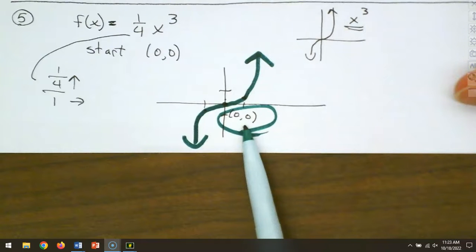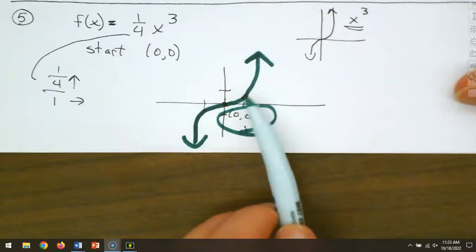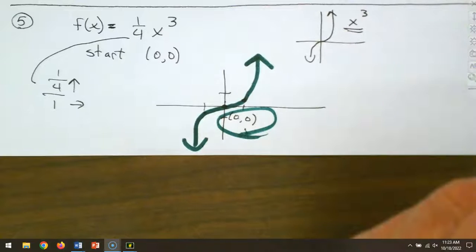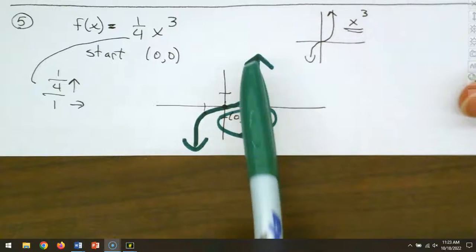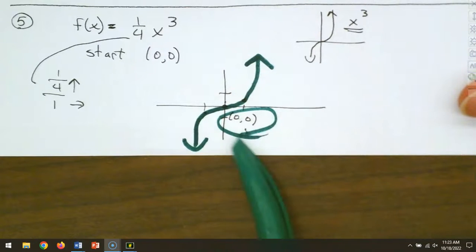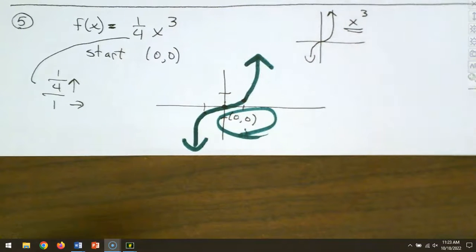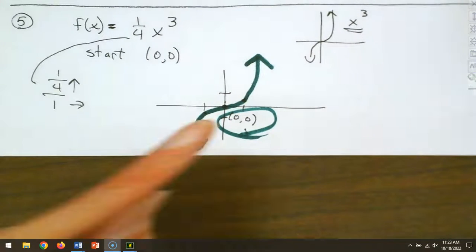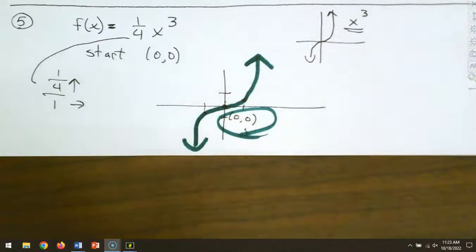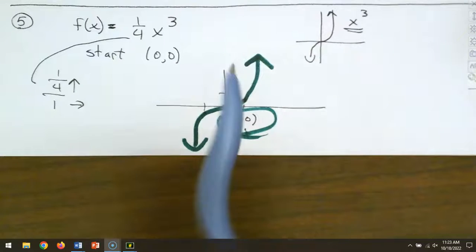I always look for that, and make sure it looks generally like this. That's the important takeaway. It needs to look similar to a cube, and I always look for that starting point. If you're off a little bit, that's okay, but it needs to look like this and definitely not a U. So look in this shape.